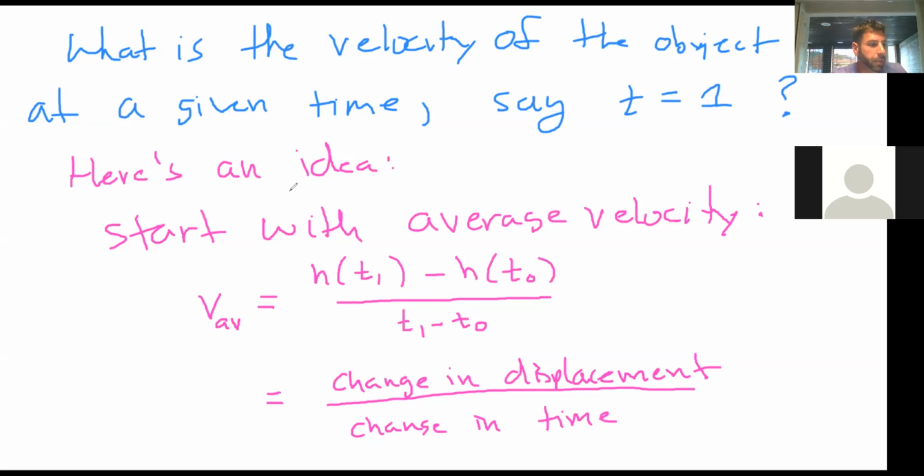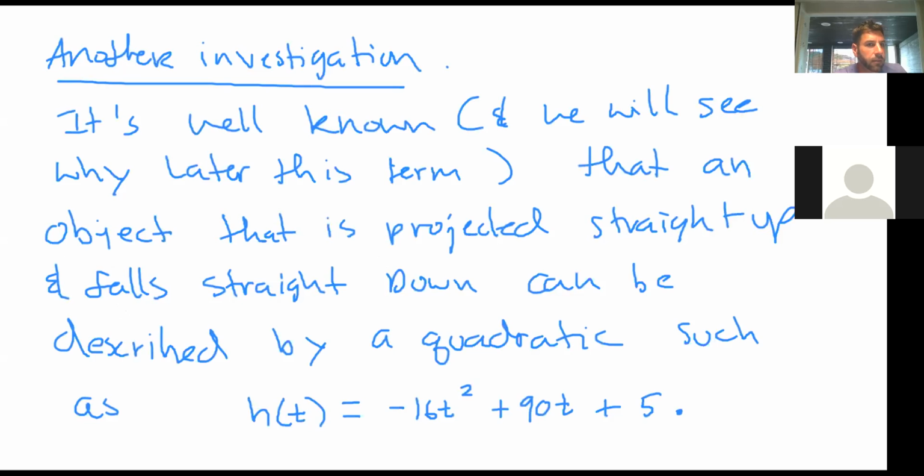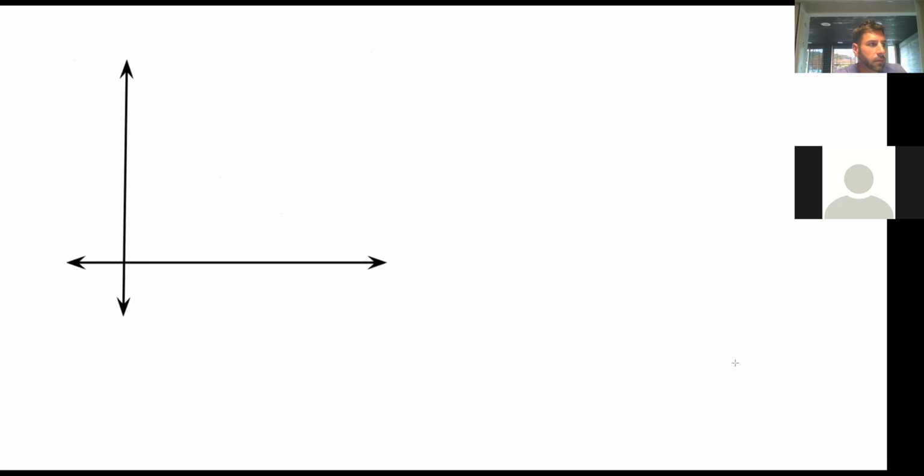Draw it. So if we draw a picture, which we know O'Grady likes to do, so if we go back, by the way, what was our function? It was negative 16, 90, and 5. So I'm just going to sketch the graph of this.